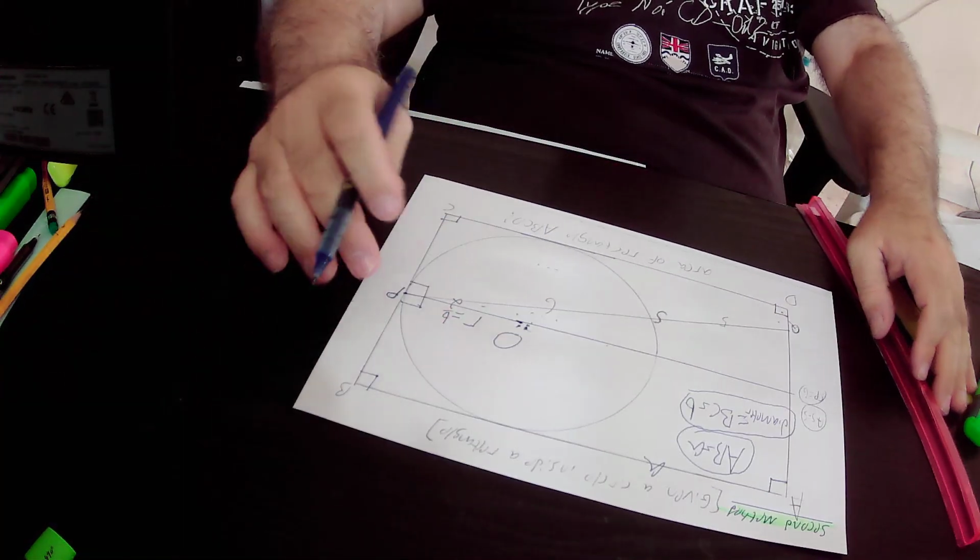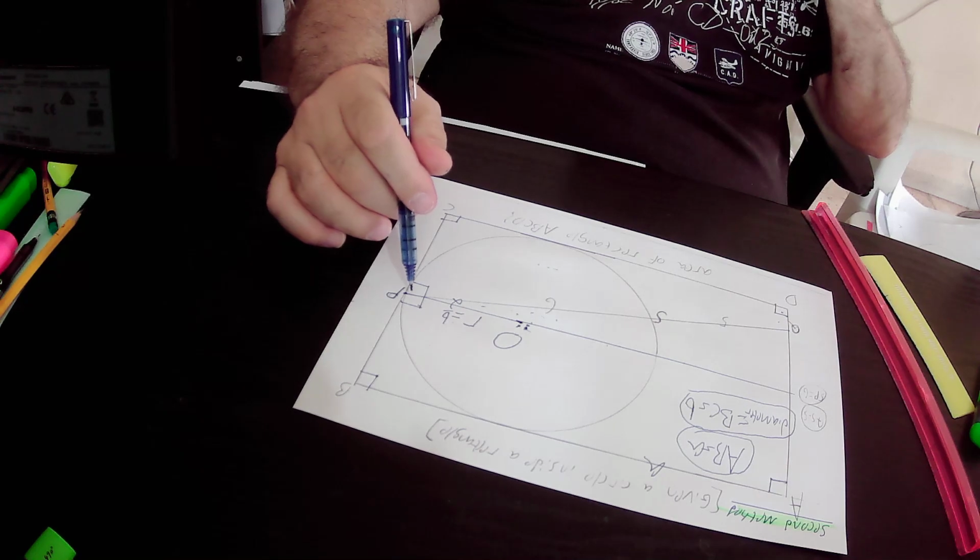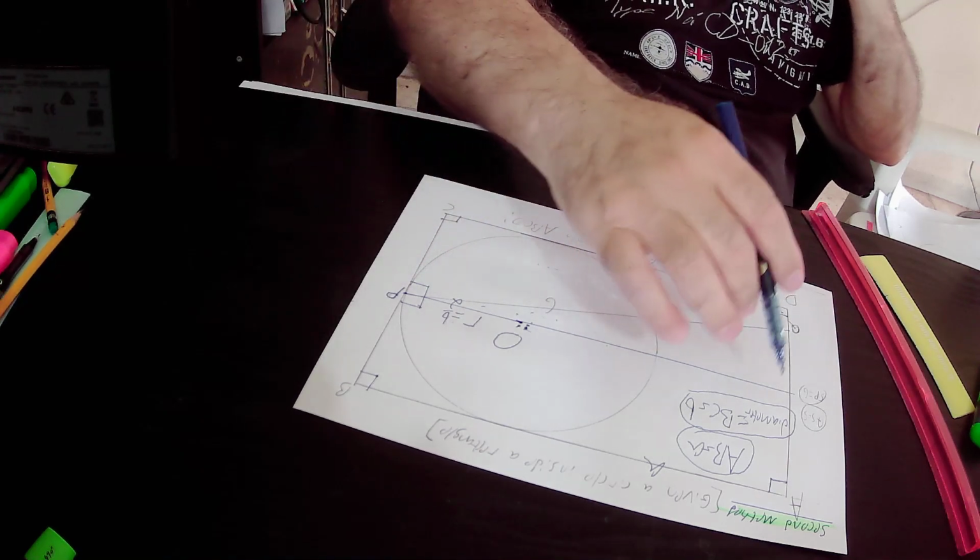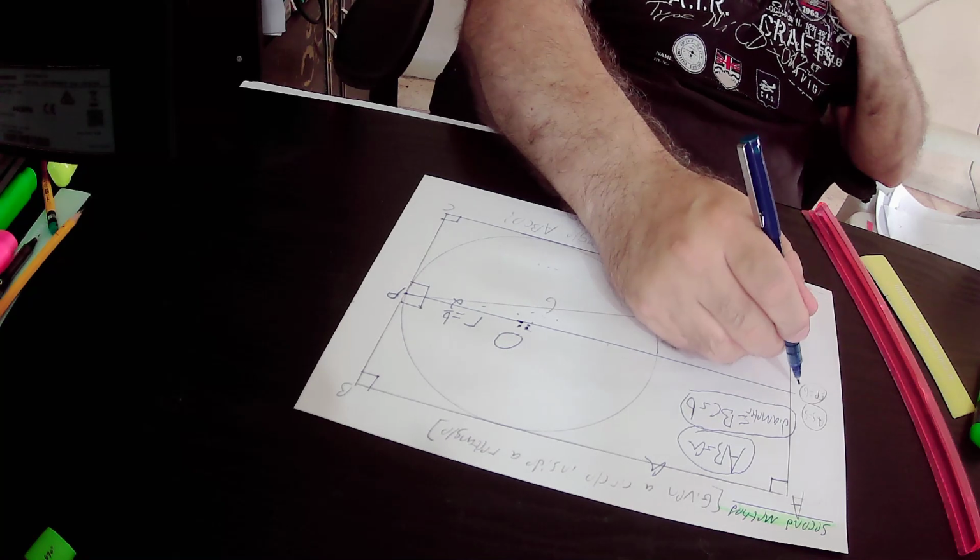We define the intersection point of the extended radius PO and AD as L.